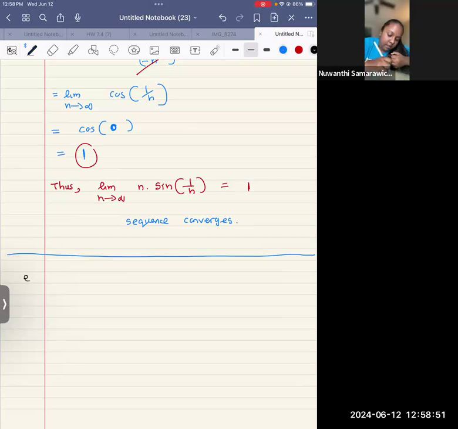Let's see another example. Now your nth term will look like this, n plus 1 factorial over n factorial. So whether it converges or diverges? Can you all try this?